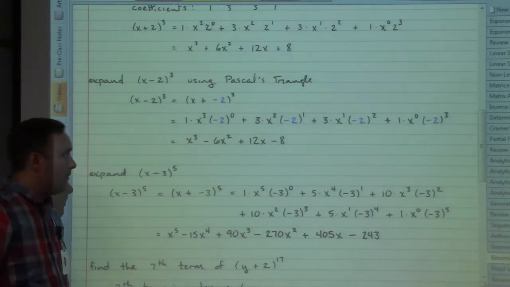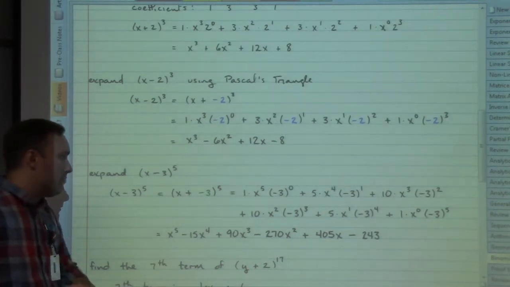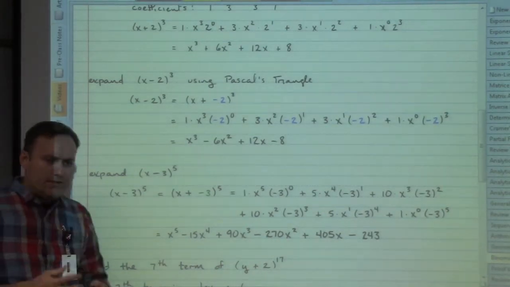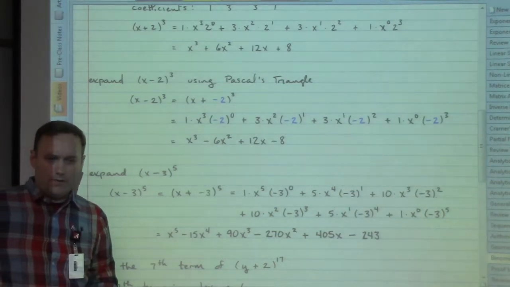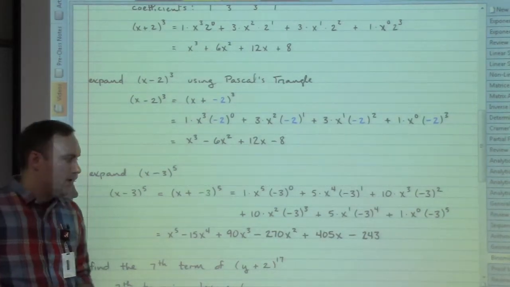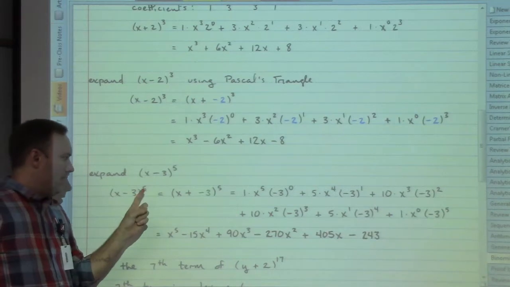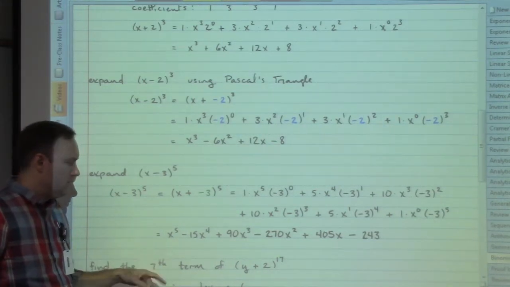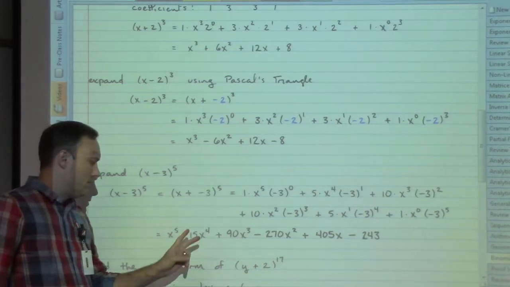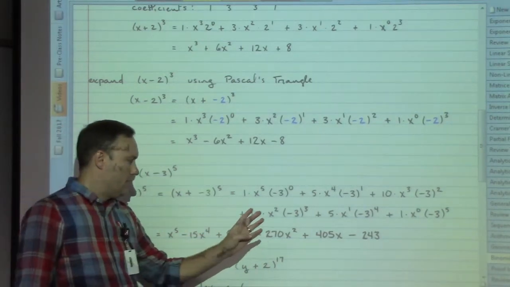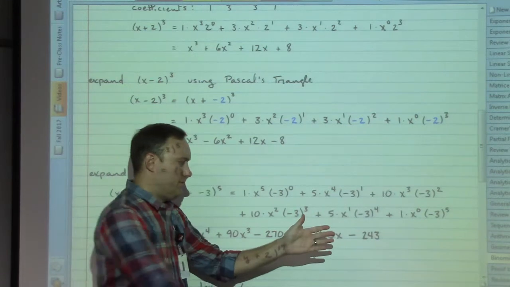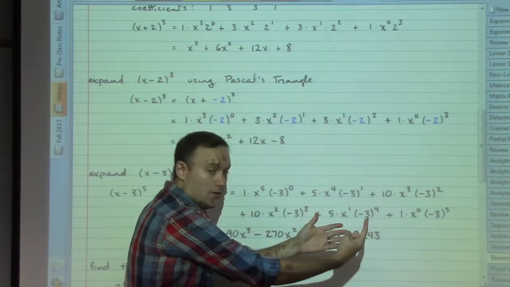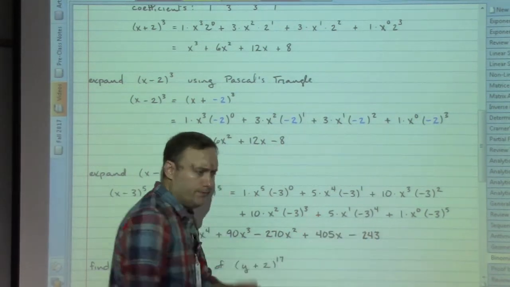One of the other things to point out at this stage, now that we've seen a few examples, is that there's another comment to make that we would want to sometimes keep in mind. This binomial has a power of 5. Our answer has 1, 2, 3, 4, 5, 6 terms total.